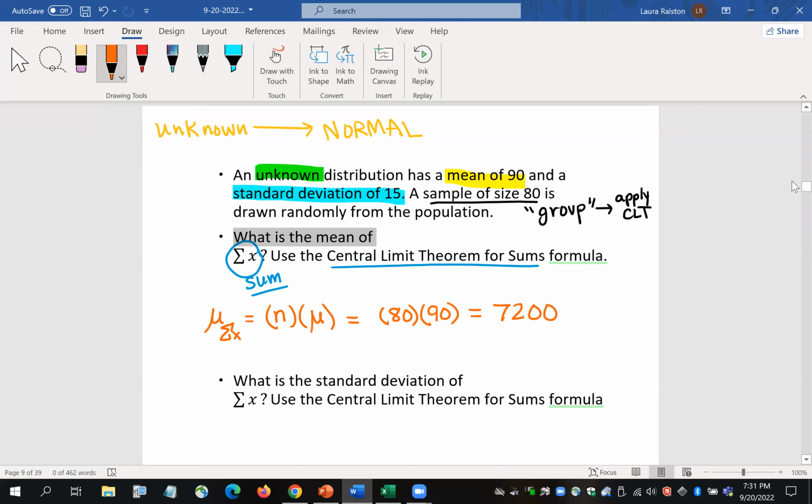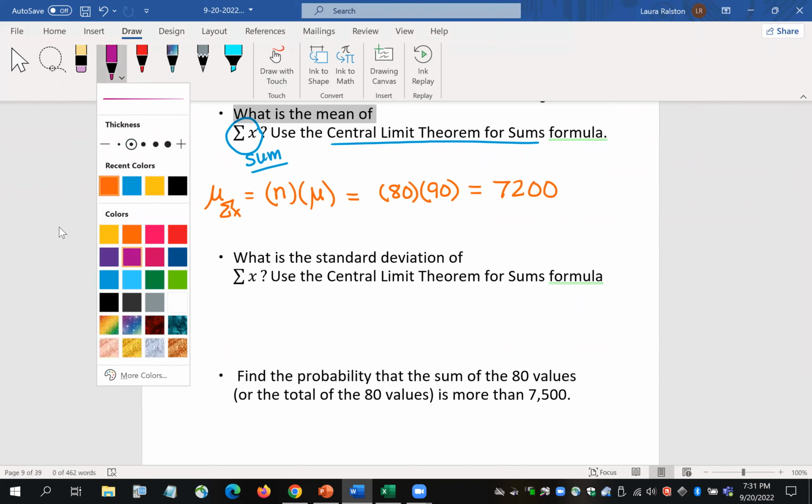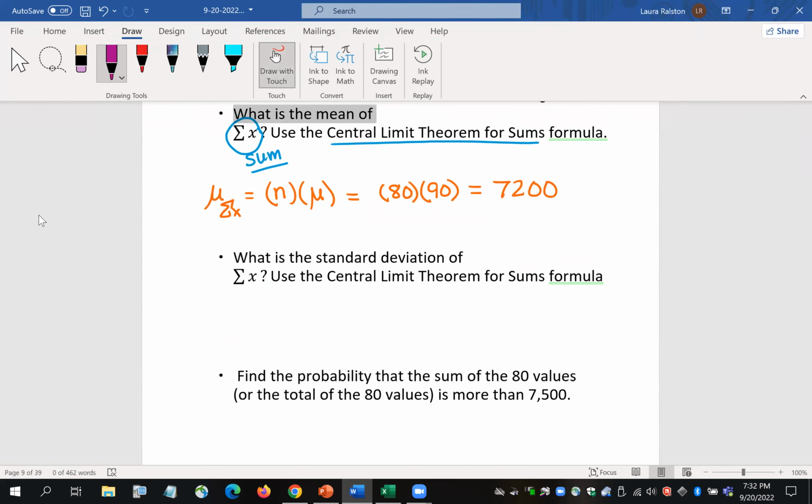Then it asks you, what is the standard deviation of sum? And again, it emphasizes to use that formula. For standard deviation of sum, it is the original standard deviation times the square root of n.